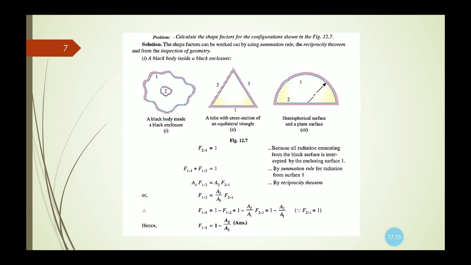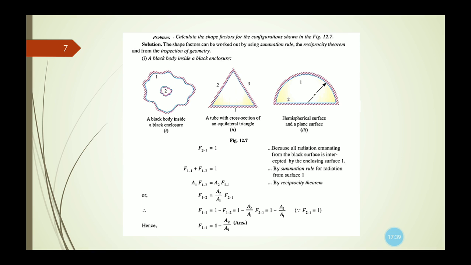Based on these different equations and formulas, let us try to discuss some numericals. The first numerical is to calculate the shape factors for the configuration shown. The first configuration is a black body inside a black enclosure.